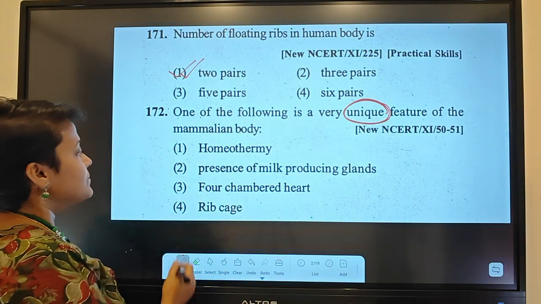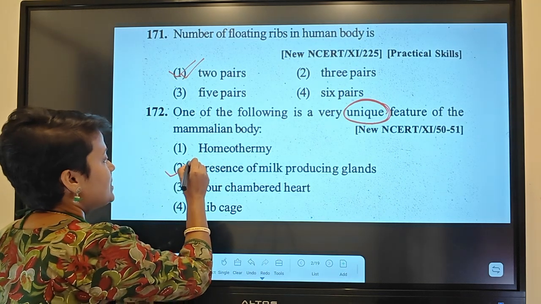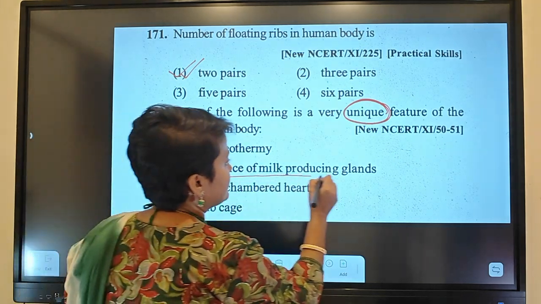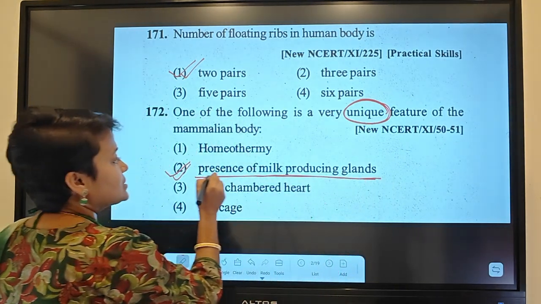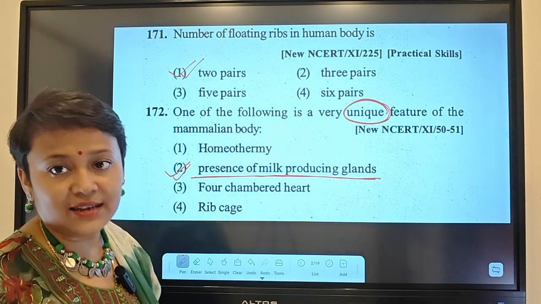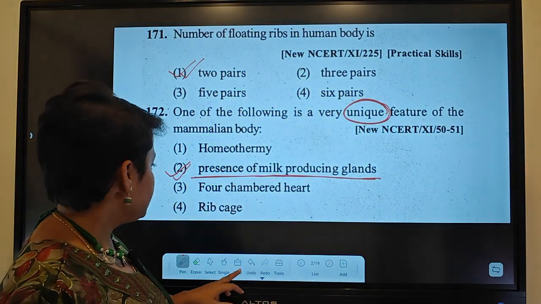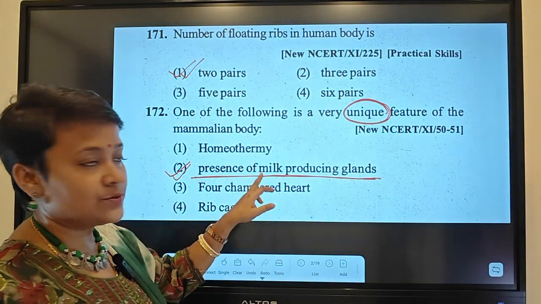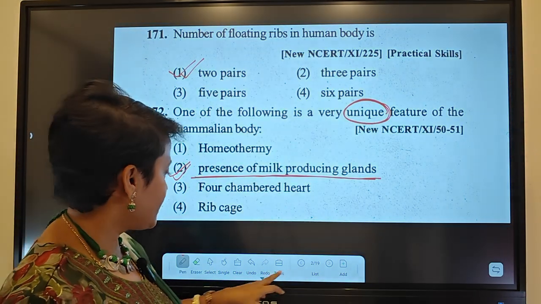So the answer will be presence of milk producing glands. This is the feature exclusively for mammals.